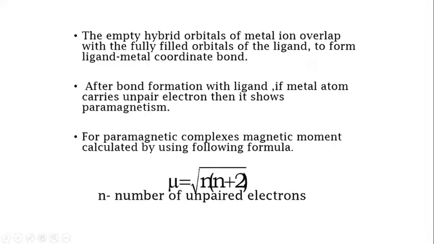And after the bond formation with the ligand, if the metal atom carries unpaired electrons, then it shows paramagnetism. So the paramagnetic nature of the complex can be seen if a metal ion carries an unpaired electron after the bond formation. The paramagnetism can be evaluated using the formula mu equals root over n into (n plus 2), where n is the number of unpaired electrons.